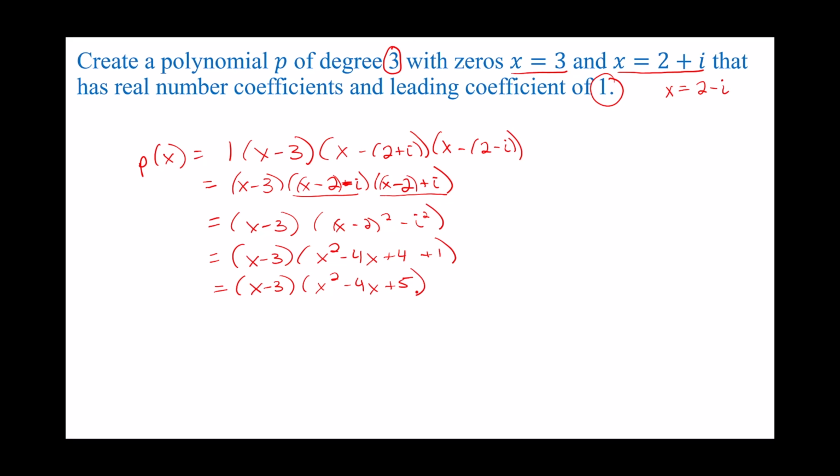And now we'll distribute the x minus 3 through that second parentheses, and we get x cubed minus 4x squared plus 5x minus 3x squared plus 12x minus 15. And then combine our like terms, and we have x cubed minus 7x squared plus 17x minus 15. So here is our polynomial function, degree 3, zeros at 3, 2 plus i, and 2 minus i, and the leading coefficient is 1.